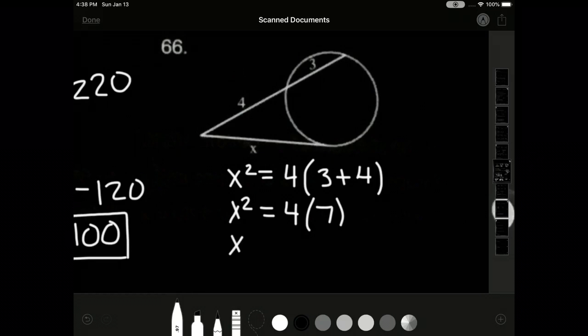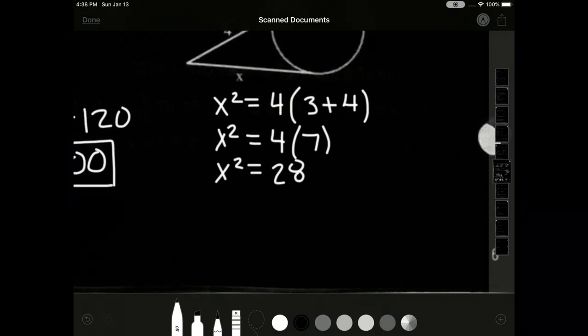So x squared equals 28. And when we take the square root of 28, again, it's just 4 times 7, so we're able to simplify that to 2 square root of 7.